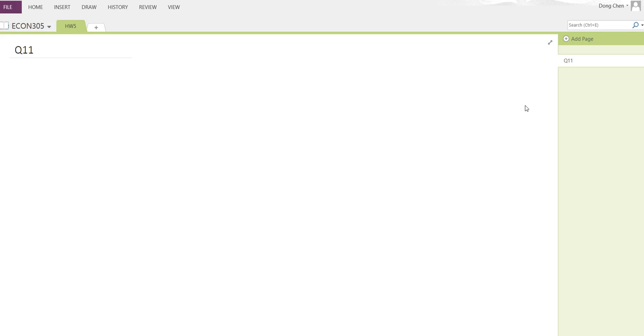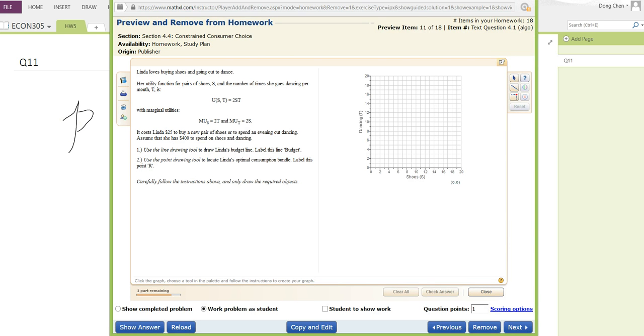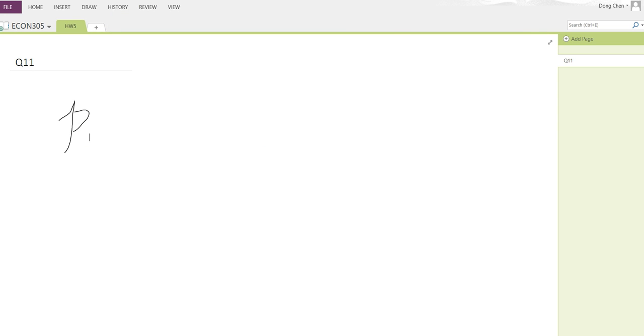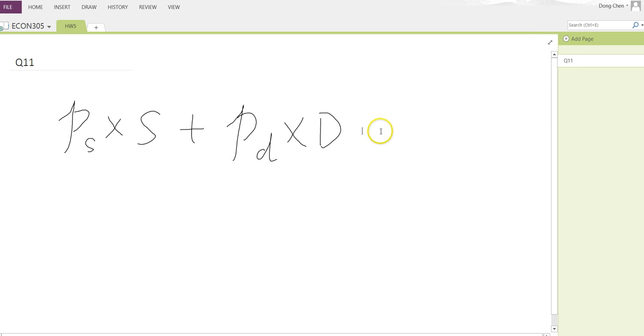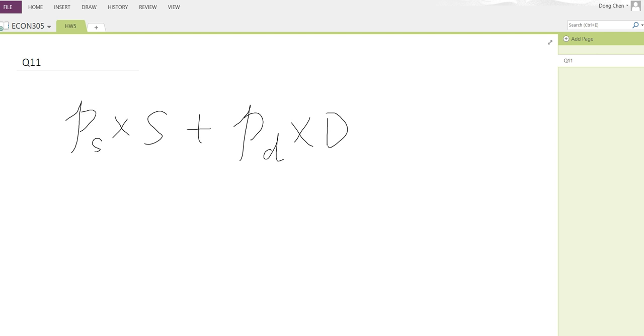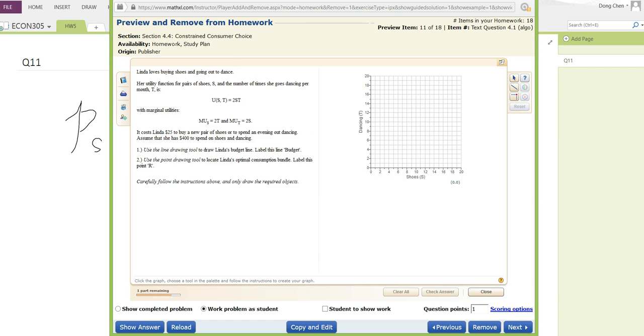The budget line basically is price of shoes times the number of shoes S, plus price of, let's say, dancing times the number of times she goes dancing, and that should equal her income, which is 400, right?